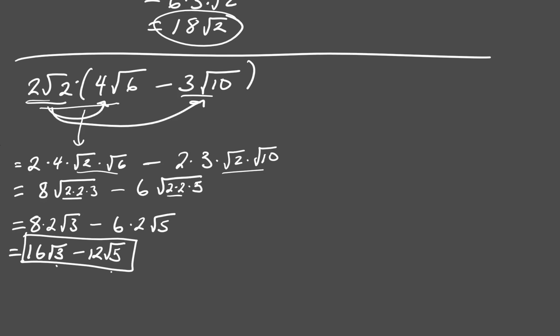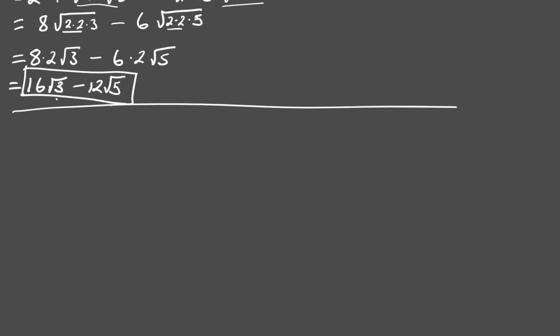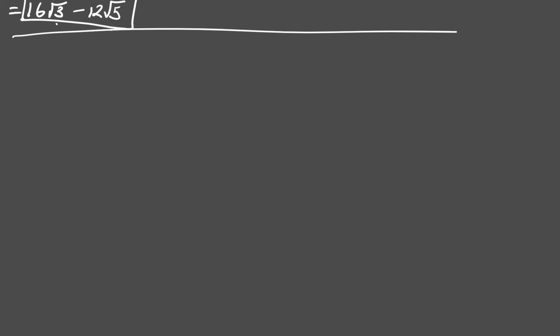Well, FOILing is just using the distribution property twice, so let's do an example of FOILing with radicals here. So let's say maybe I've got the square root of 5 plus 1, and I've got maybe the square root of 3 minus 2. And I want to simplify this or multiply this expression out.